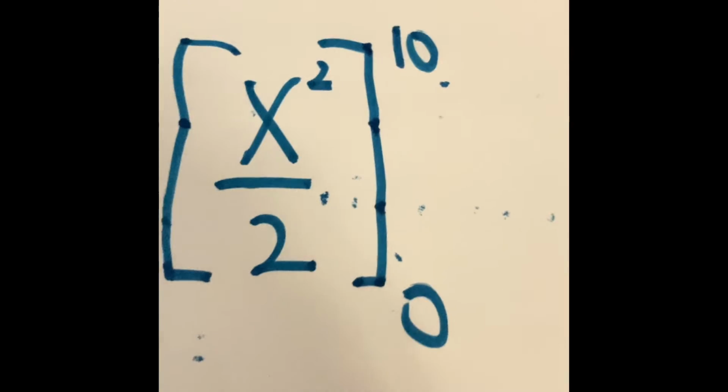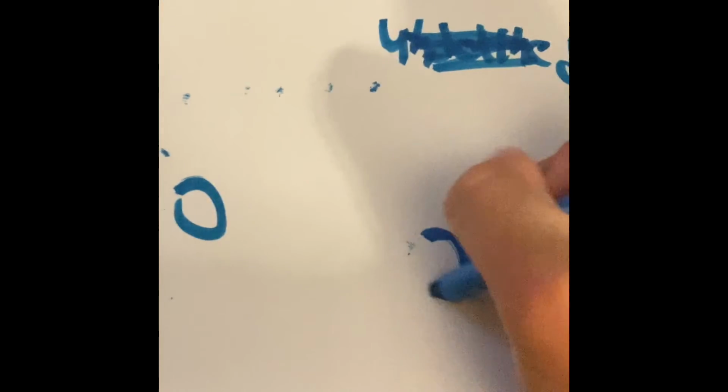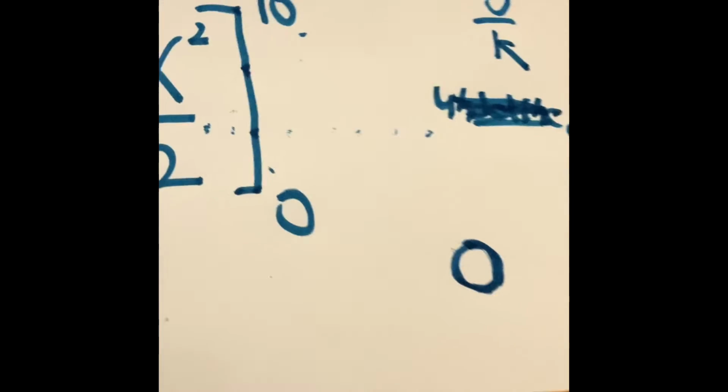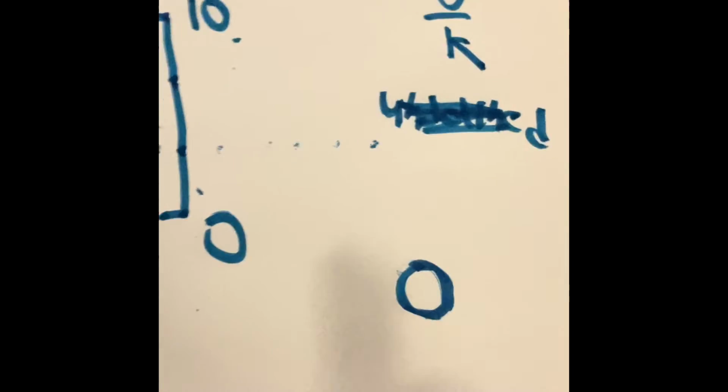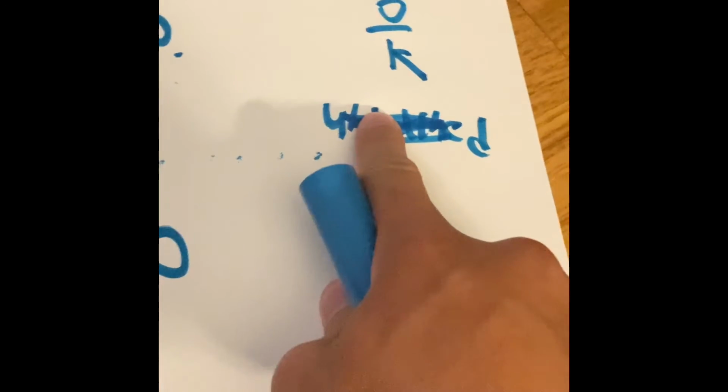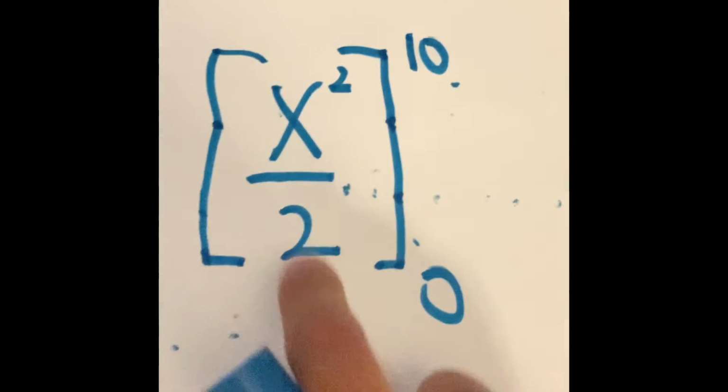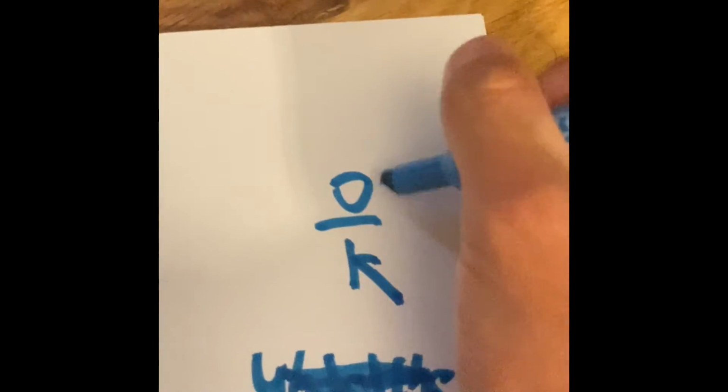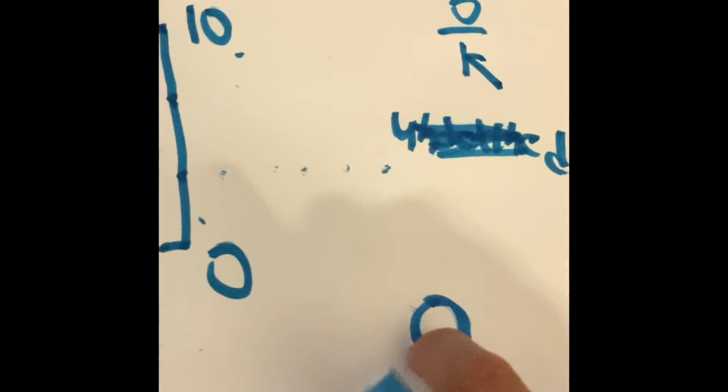You can't divide... wait, it's not undefined. It's the other way around. When you divide by 0, it's undefined. But when you have 0 divided by another number, it is okay. It represents 0.